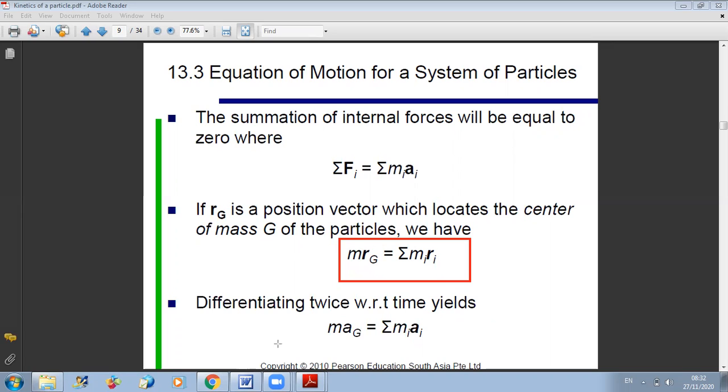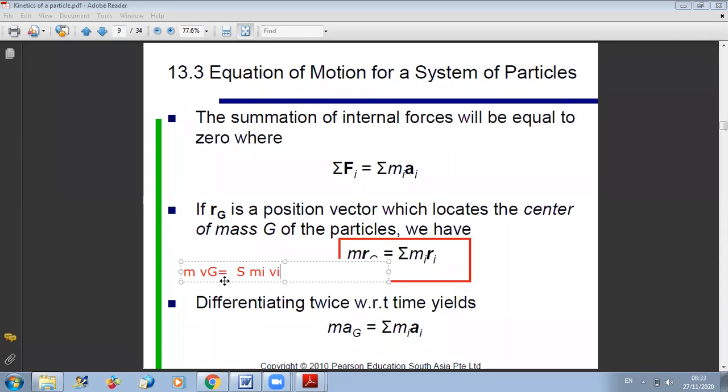So now if you derive this relation a first time with respect to time, the derivative of position is what? Velocity. So as a first derivative, you get that mass times the velocity of the centroid G equals the sum of mi vi, where mi is the mass of each particle and vi is the velocity of each particle.